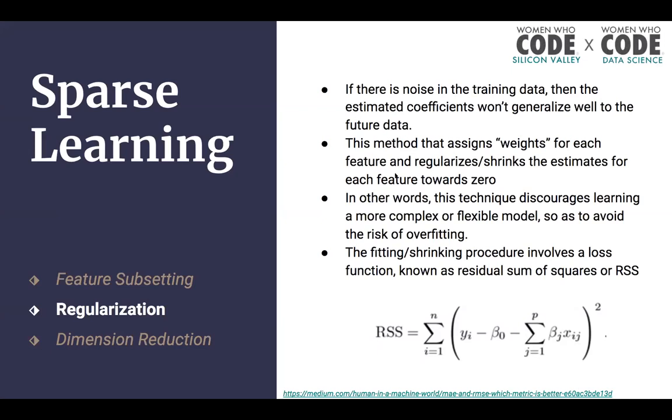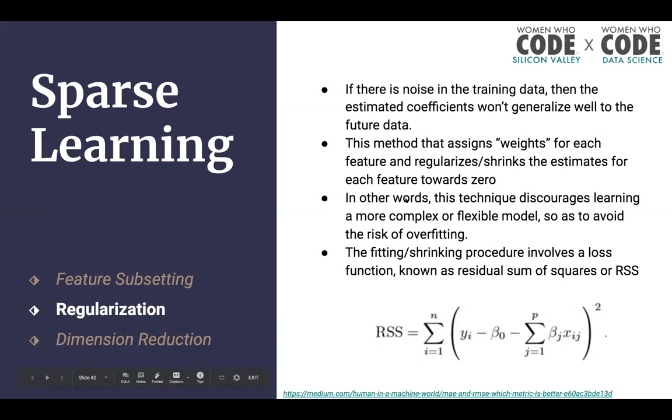So this method basically assigns weights for each feature, for each column, and then shrinks the estimates for that feature towards 0. Higher weights will be given to columns which are providing more information about the prediction. Lower weight will be given to the other columns.